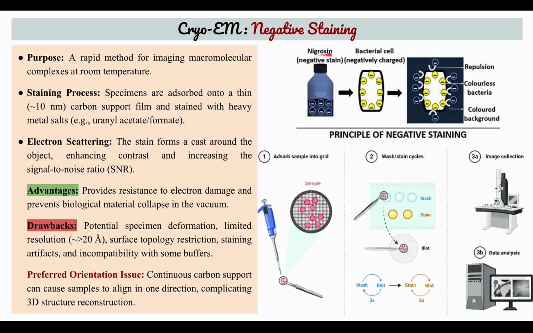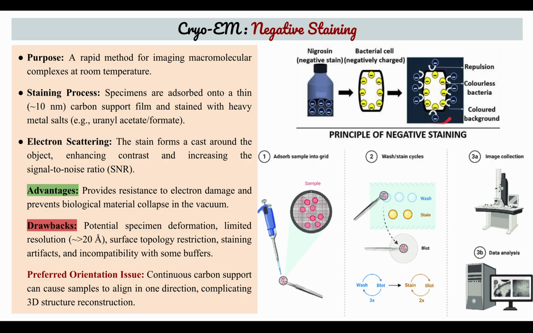In this case the example is nigrosin, which is a negative stain. It is negatively charged, and we have a bacterial cell as the specimen, whose cell wall is also negatively charged. As you add the stain, the outer surface of the bacterial cell will repel the stain. So my bacteria will remain unstained, whereas the entire background, the entire media, will get stained.